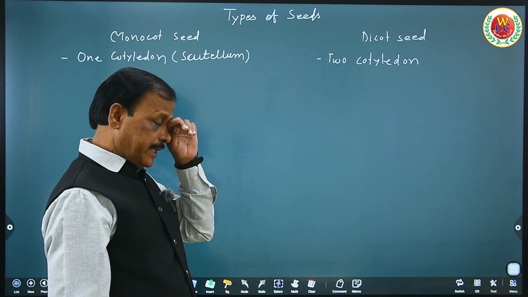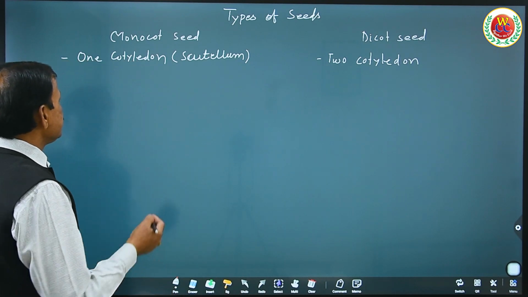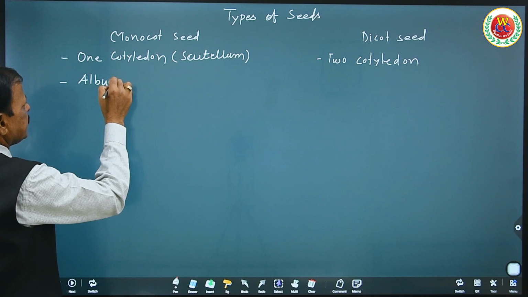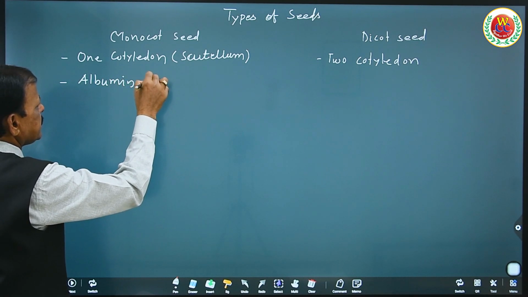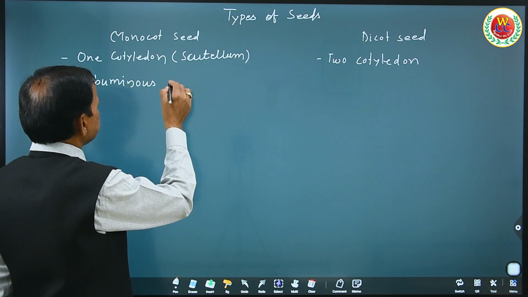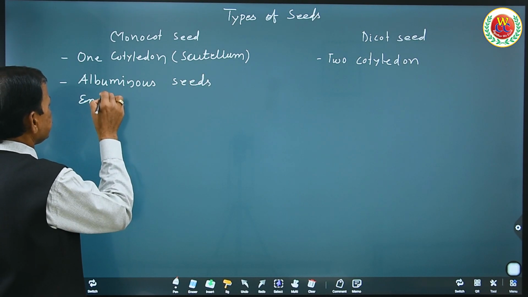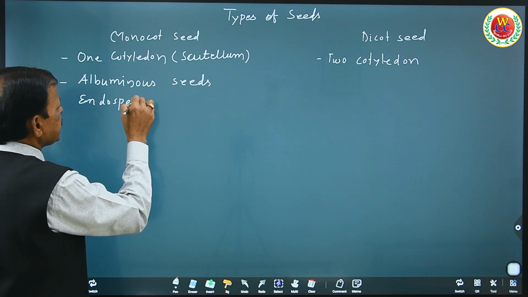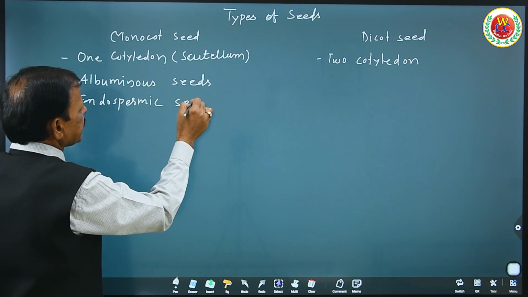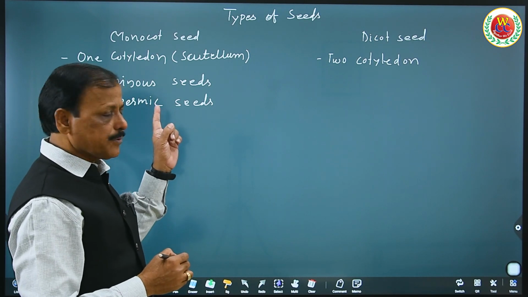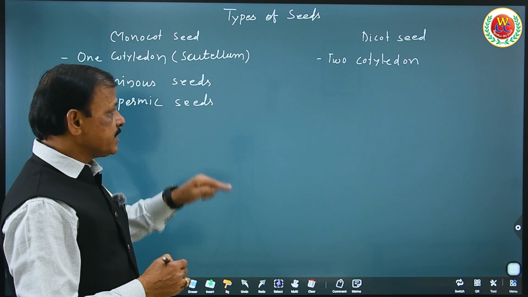By having a diagram we can see, these monocot seeds are also known as albuminous seeds because that protein is present even at maturity. Also known as endospermic seed, because endosperm is not fully utilized but remains unused, and therefore that endosperm is present along with the seed.